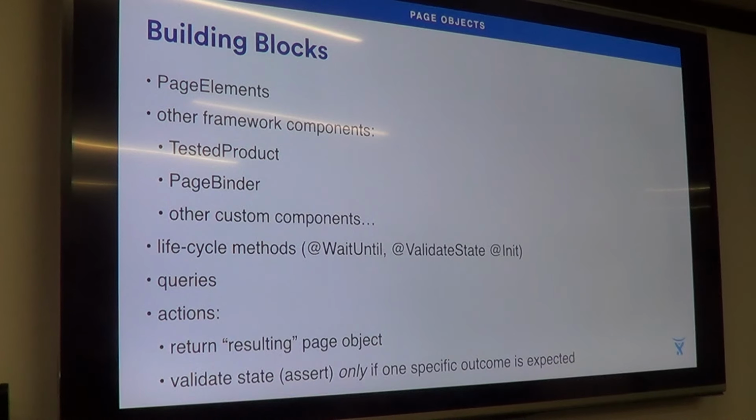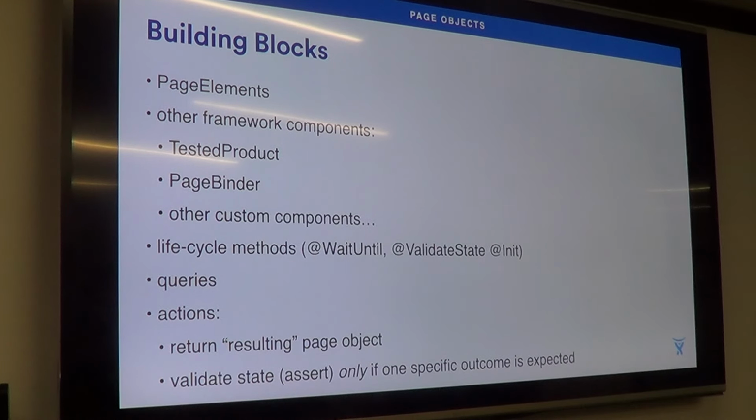And you can also add your own components, like for example in Fusion, the Jira backdoor or whatever else is something product specific that was added. Like Jira tested product adds a lot of Jira specific stuff to all the components in the framework.